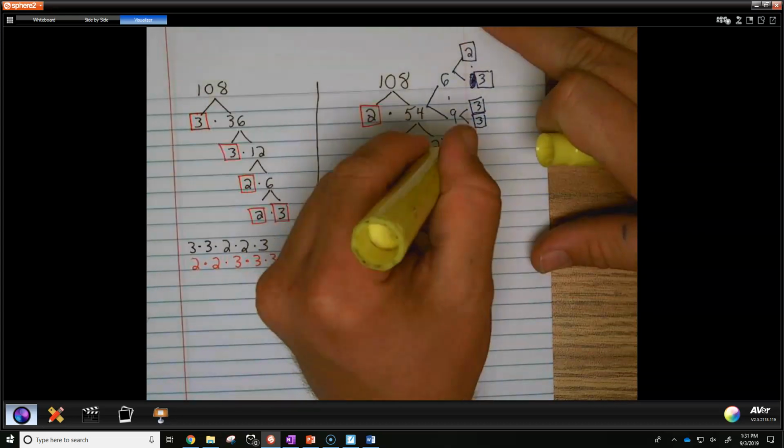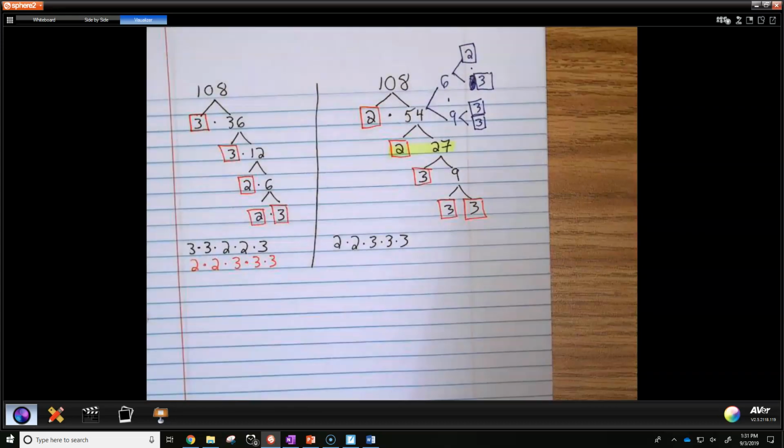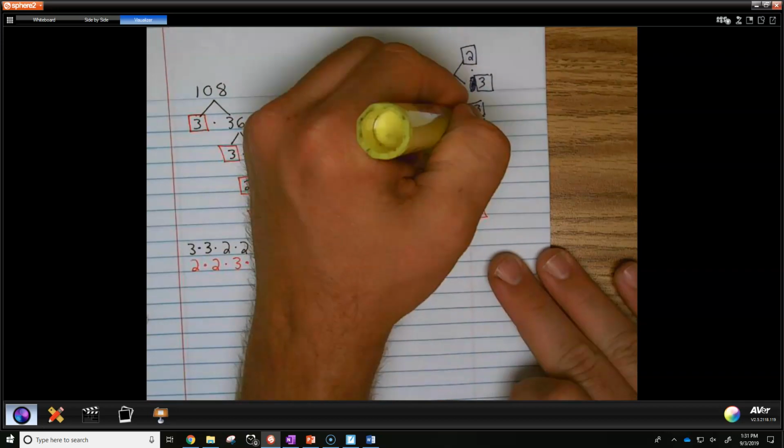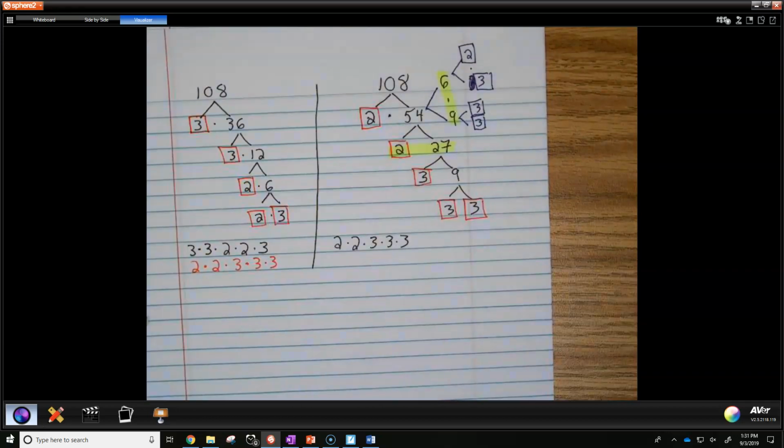What we are going to look at right now is the number 2 and 27 that make up the number 54. Numbers 6 and 9 also go into 54. So if we focus only on 54, and I say the word factors, I'm going to write up here on the board: if I ask you for the factors of 54, what are the factors of 54?